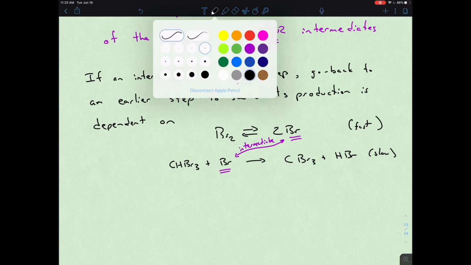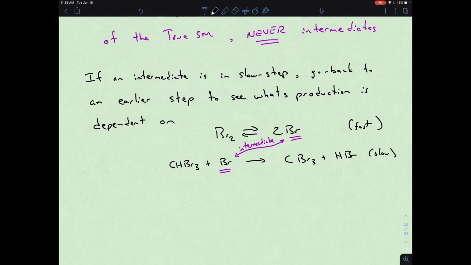And so we need to take a pause here and talk about what equilibrium processes look like. These are denoted by the forward arrow and the backwards arrow.